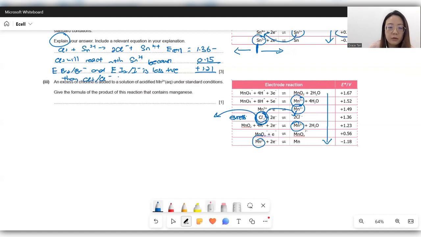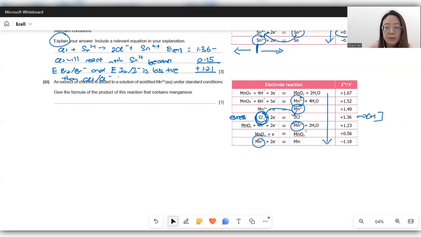If chlorine can only shift right, which is reduction, okay, which is reduction. That means the manganese ion must be undergoing oxidation. Therefore, the E value must be less positive than the positive 1.36, correct?